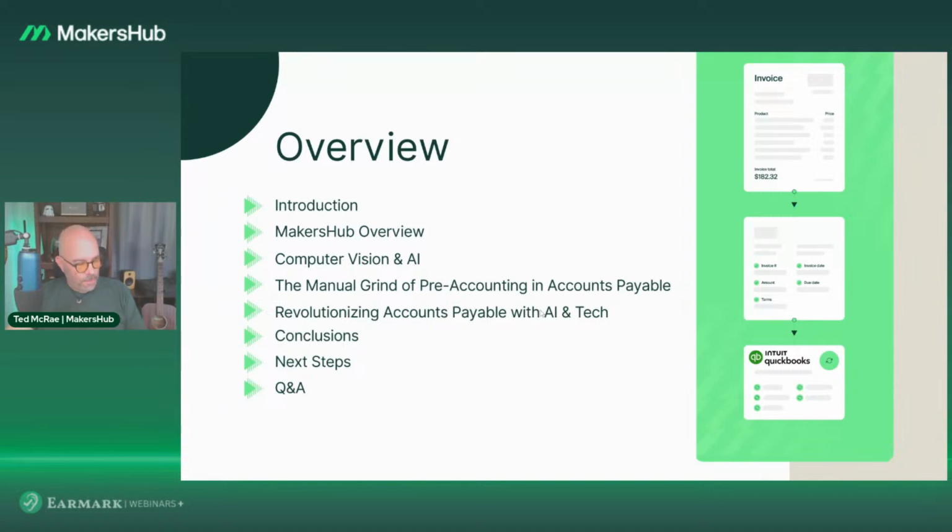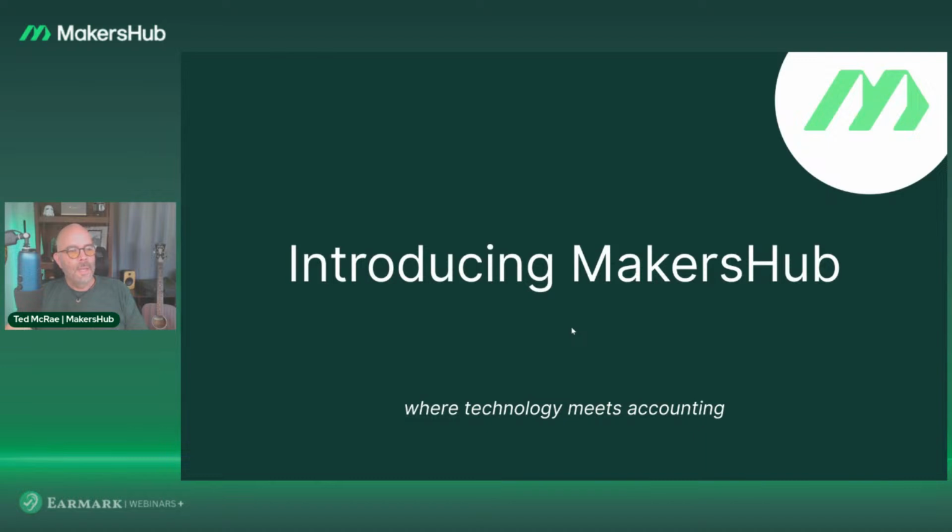That promise was never really actually fulfilled. We'll talk about some conclusions and key takeaways, and then hopefully some next steps. Also at the end, if there are any Q&A, we'll do some Q&A, but hopefully if there is Q&A while we're doing this, we can go ahead and get that done in the comments section.